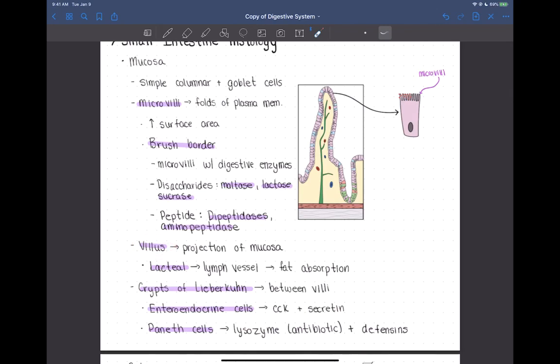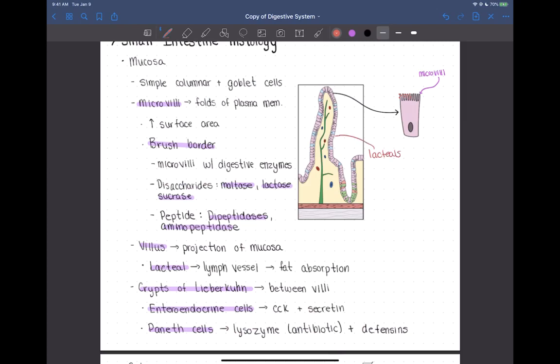All right, and so this would be one villus here, right? So there's these kind of finger-like projections of the mucosa, right? So the mucosa only. So the submucosa is not folded with it, just the mucosa. Okay, and so within these villi are going to be these lymphatic structures called lacteals.